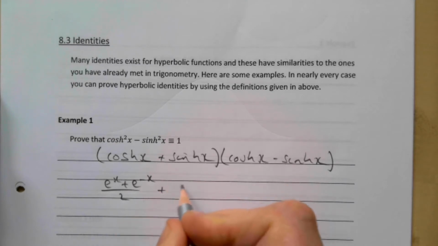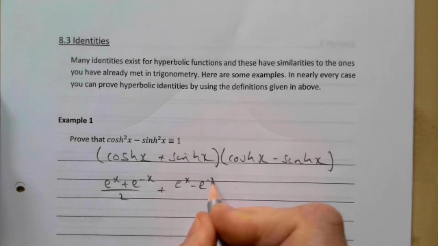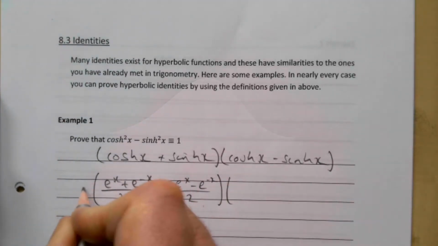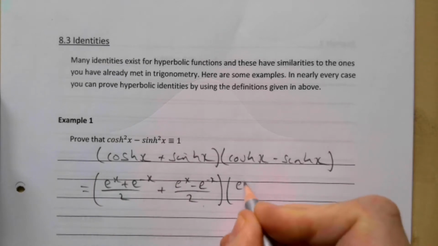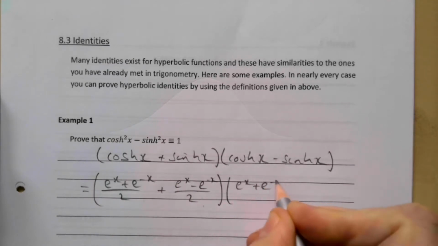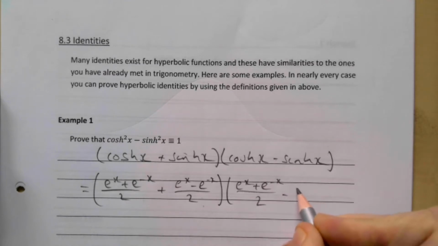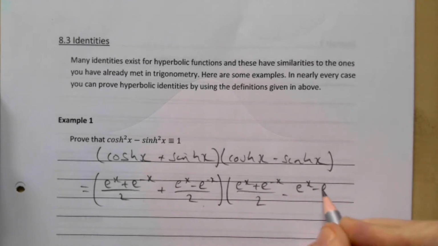Then sinh x is e to the x minus e to the minus x over 2. So we have e to the x plus e to the minus x over 2, minus e to the x minus e to the minus x over 2.